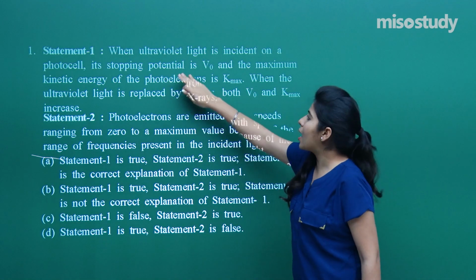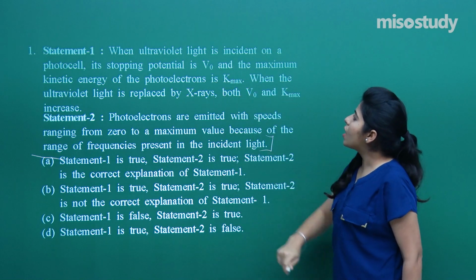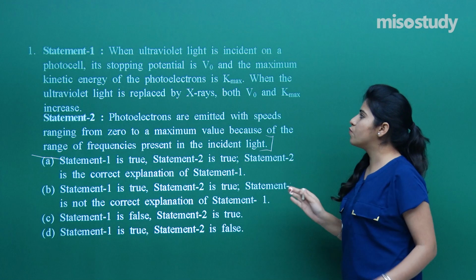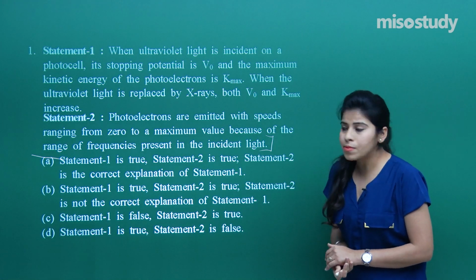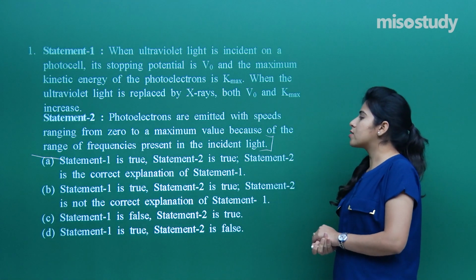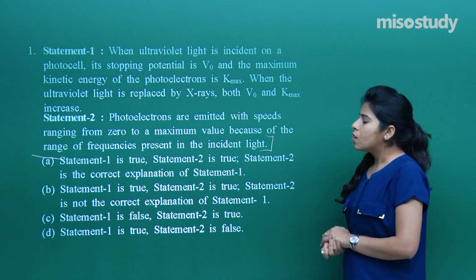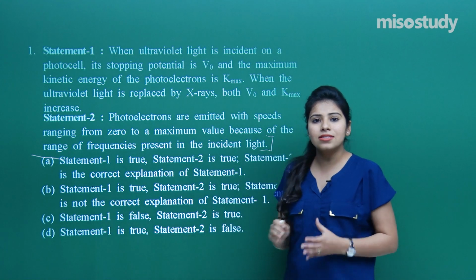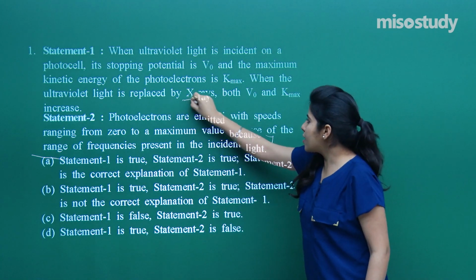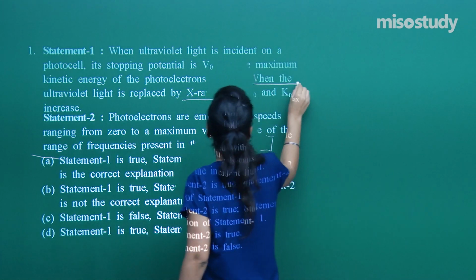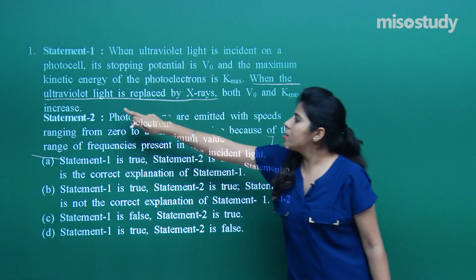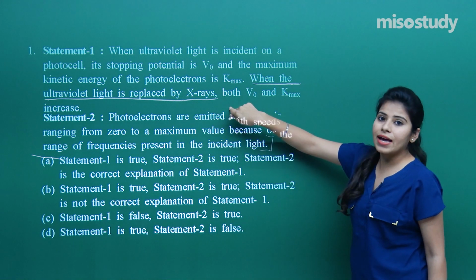Statement 1 says that when ultraviolet light is incident on a photocell, its stopping potential is V0 and the maximum kinetic energy of the photoelectrons is K max. The important line in this question is: when the ultraviolet light is replaced by X-rays.